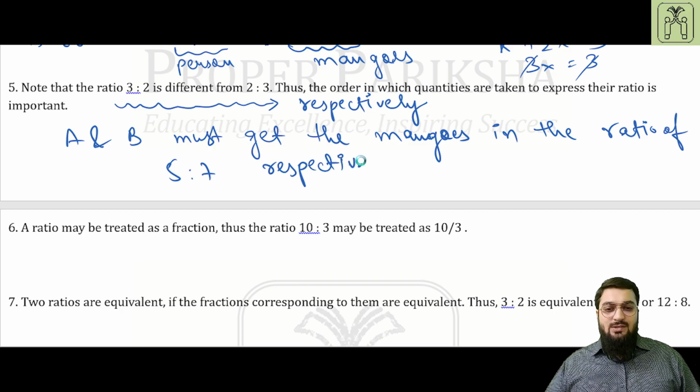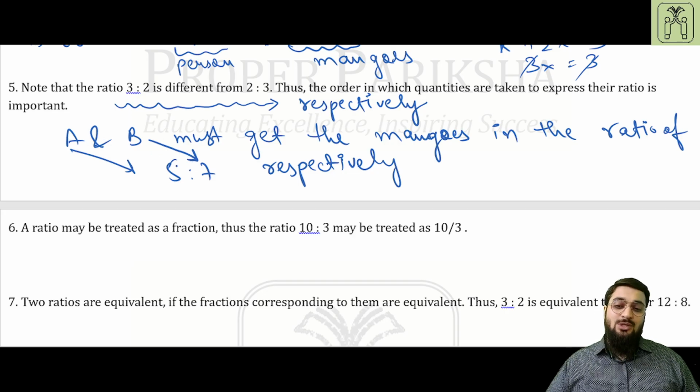So this means that A will get 5 because A is mentioned earlier and 5 is mentioned earlier, and B will get 7 as it is mentioned later on, and B is also mentioned later on.